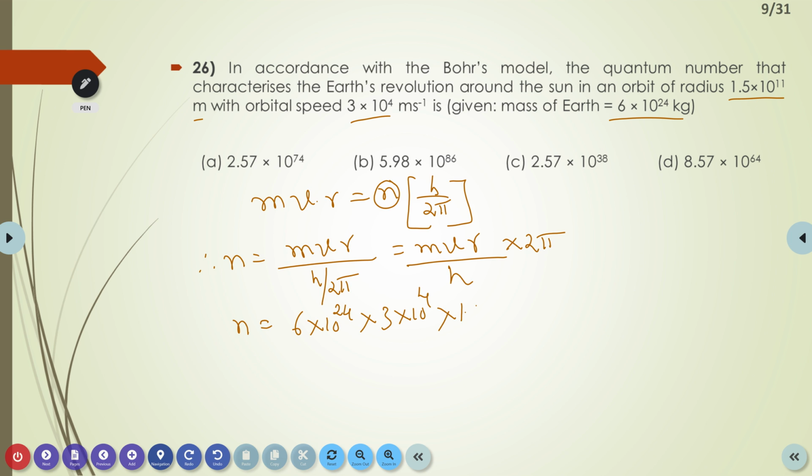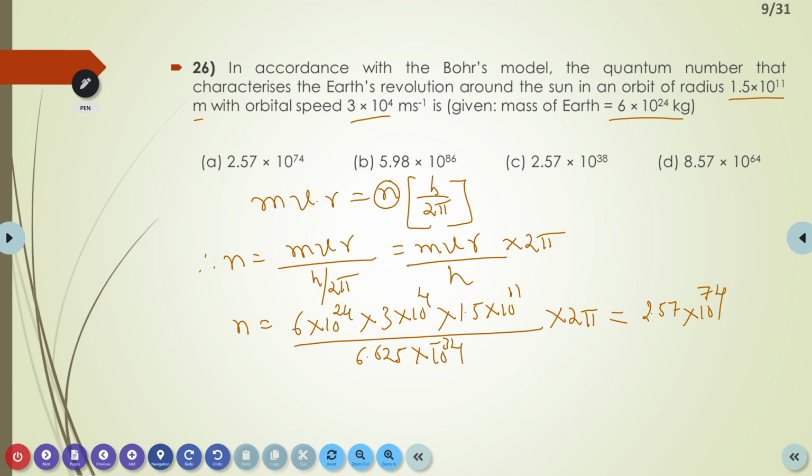The radius is 1.5 into 10 to the power of 11, divided by the h value 6.625 into 10 to the power of minus 34, multiplied by 2 pi. If you multiply all these things, you get 2.57 into 10 to the power 74.